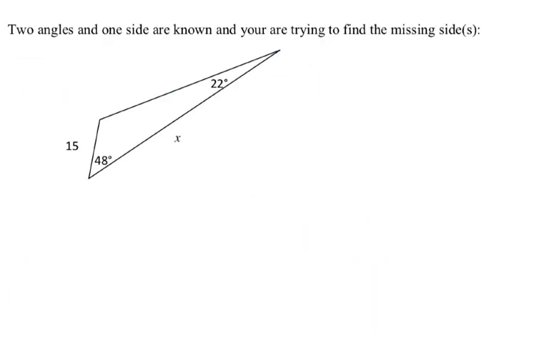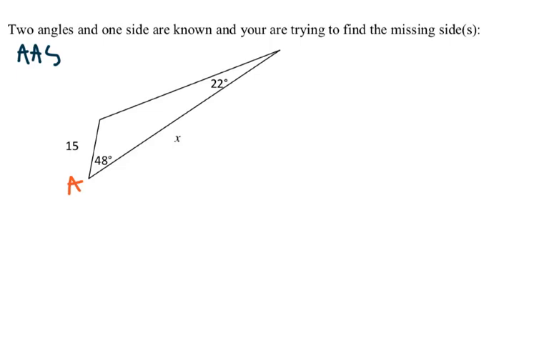Alright, so for this one, we've got two angles and one side, and we're going to try and find the missing sides, or in this case, again, we're just going to look for x here. So this would be a case where we have angle, angle, side. So first thing I'm going to do again is label the sides and angles according to A, B, and C, so that I can figure out how I'm going to use this formula.